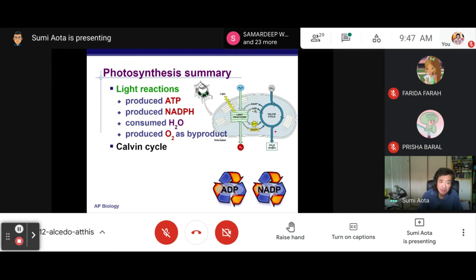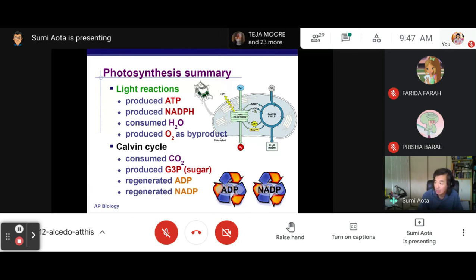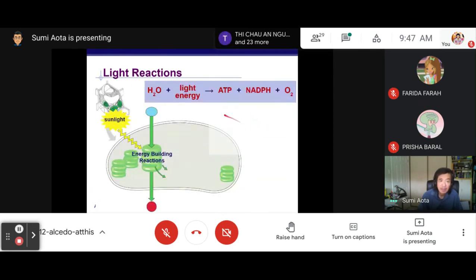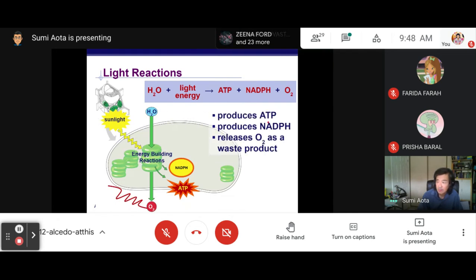The Calvin cycle consumes carbon dioxide, produces G3P, and regenerates ADP and NADP+. So water comes in, ATP comes out, NADPH comes out, oxygen leaves.